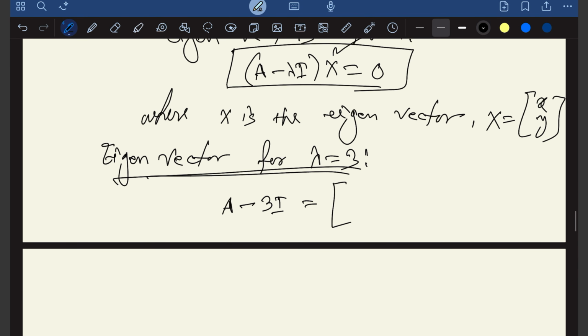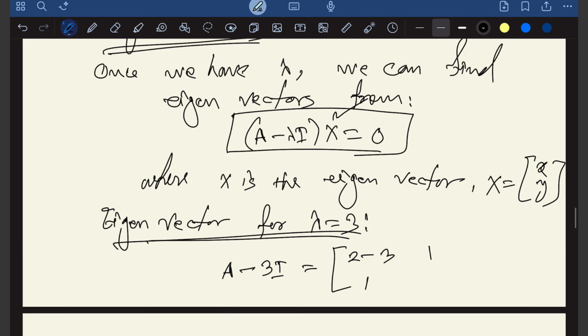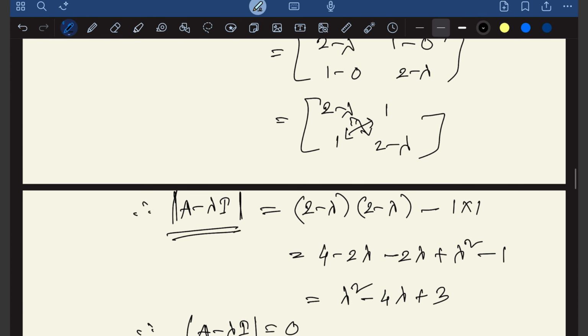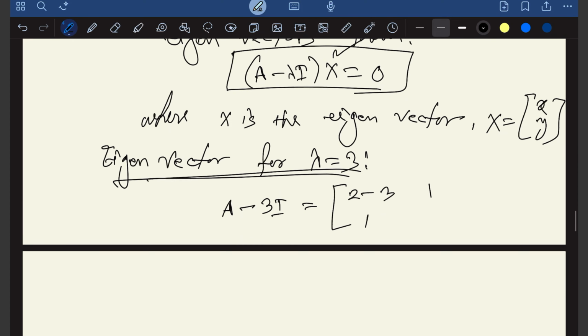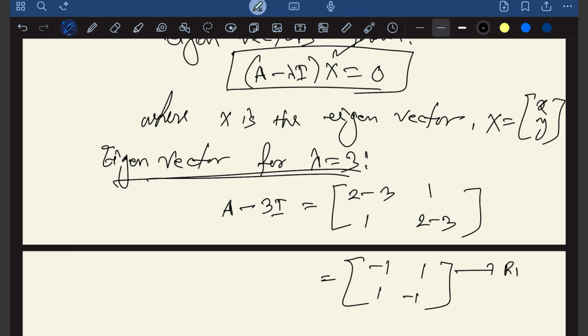So 2 minus 3, 1, 1, 2 minus 3. So this will be minus 1, 1, 1, minus 1. This is row 1, R1, and this is R2. R1 and R2 are dependent, that means R1 is a multiple of minus 1 into R2.